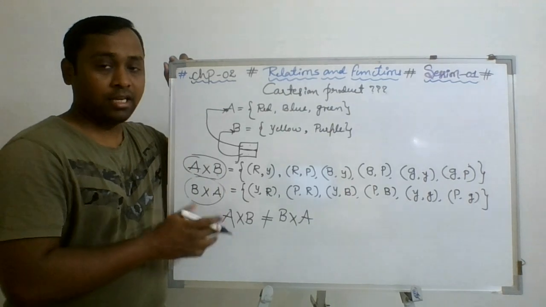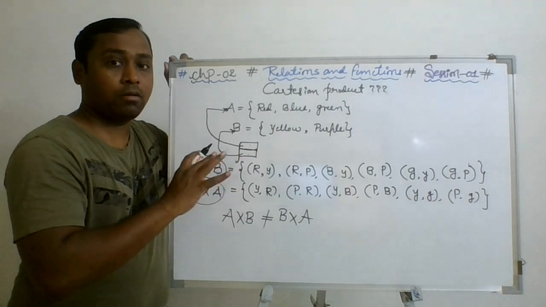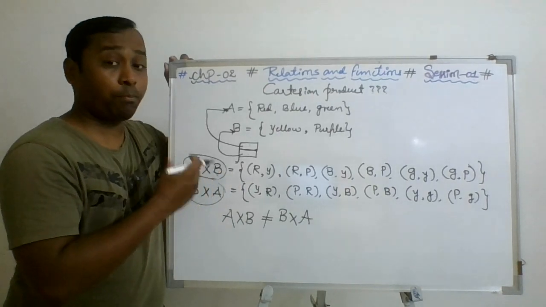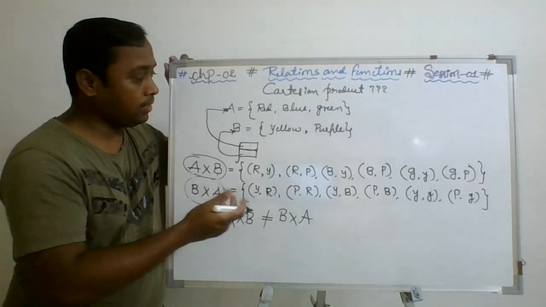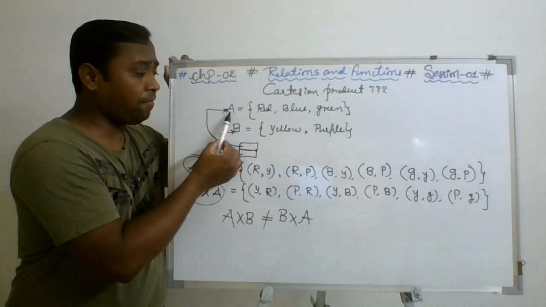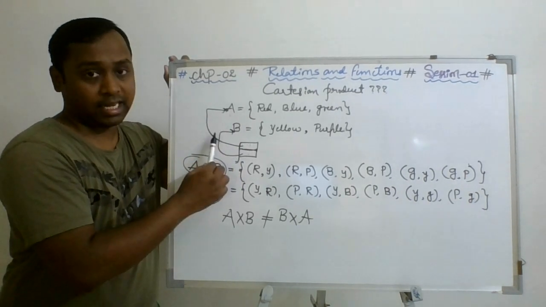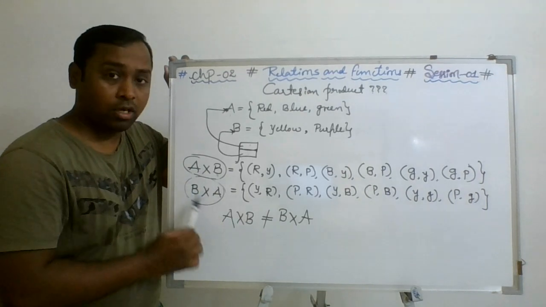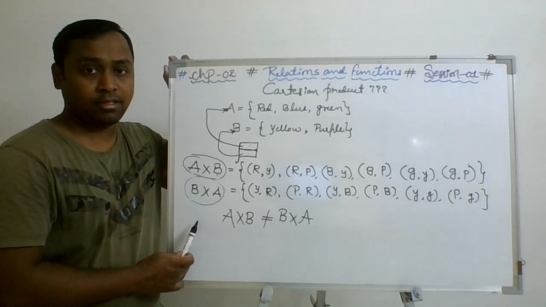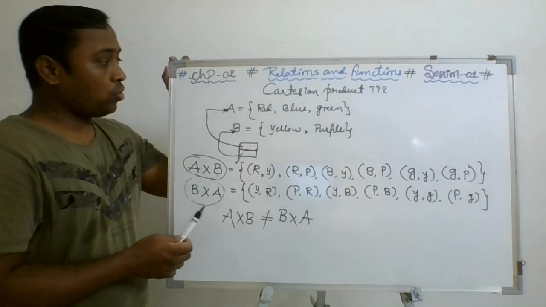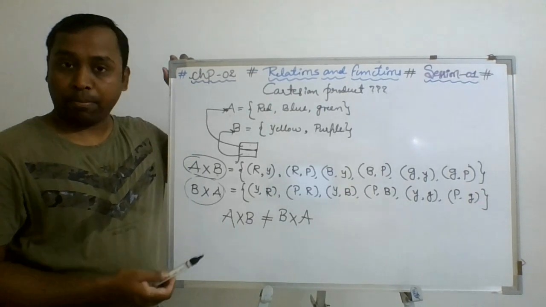So Cartesian product means we are checking the possible ways of arranging the elements pairwise, by taking the first element from the first set and the second element from the second set. It depends on the order of the sets you have taken. So this is what the Cartesian product means.